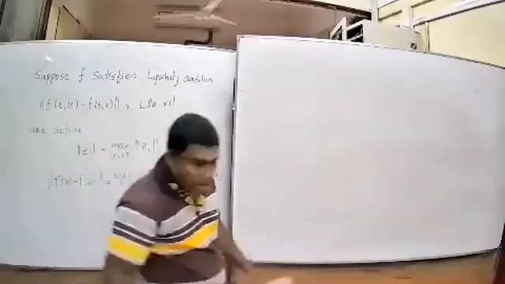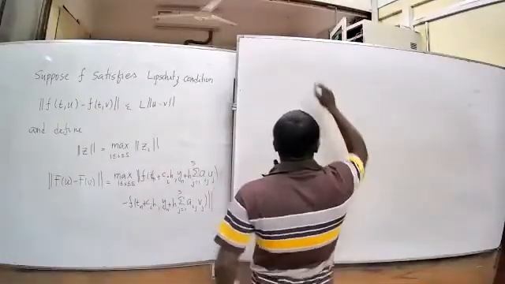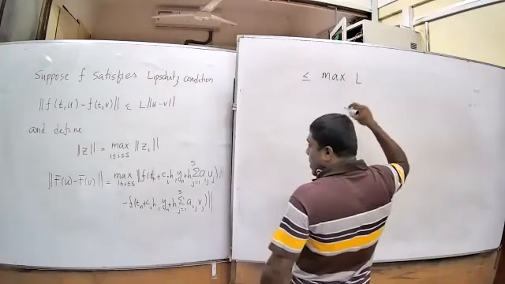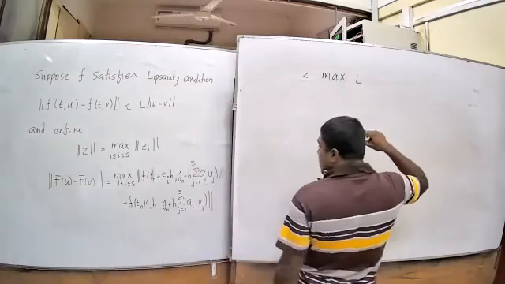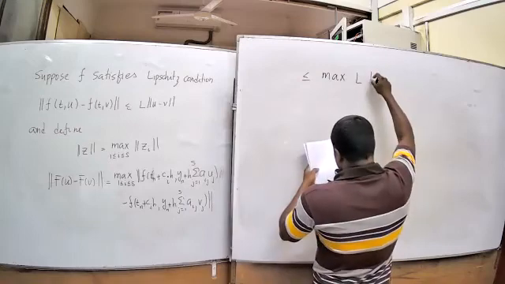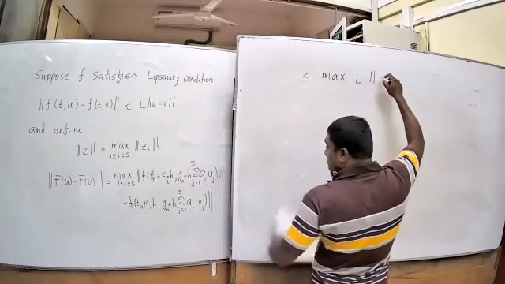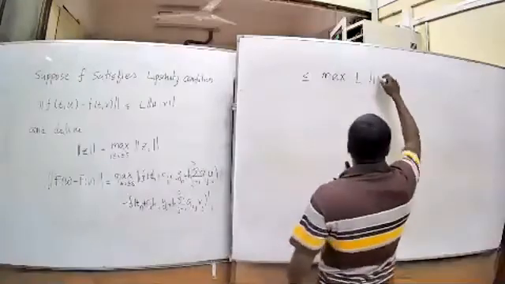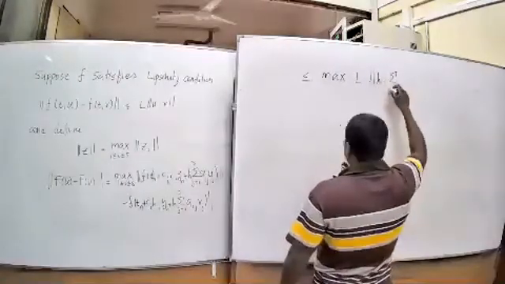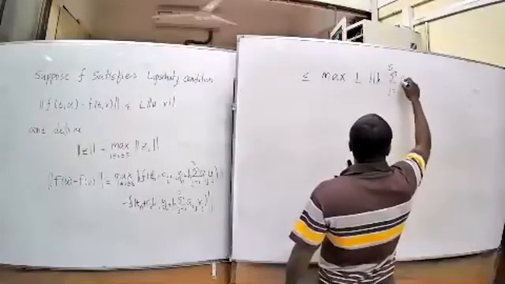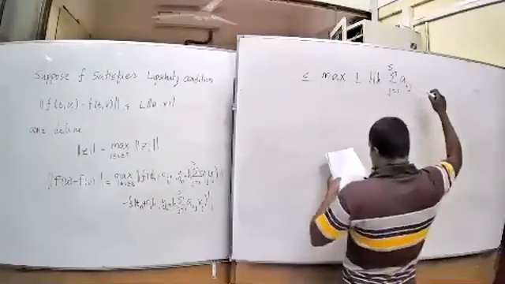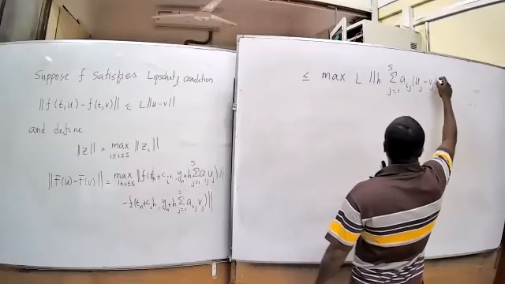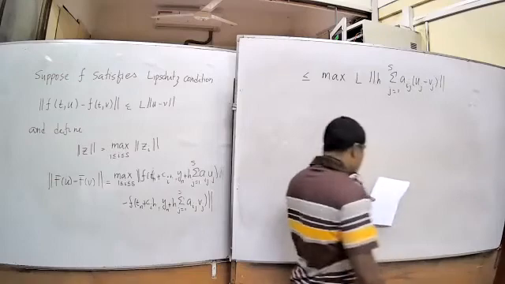So in this case, you know that this is basically less or equal to maximum of L, right? You apply the Lipschitz condition, right? So then you will have this yn minus yn cancelled out, so eventually you will have h times the summation of j equal to 1 to s of aij times uj minus vj, right?